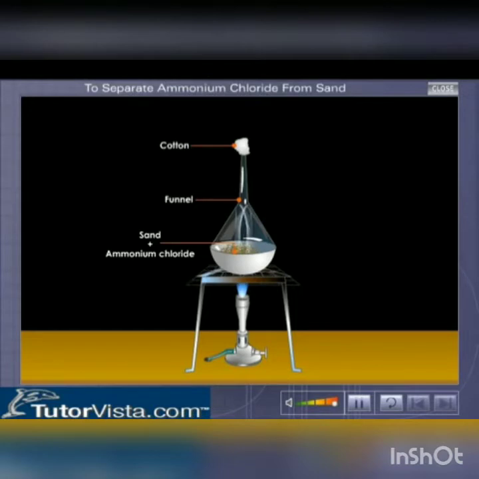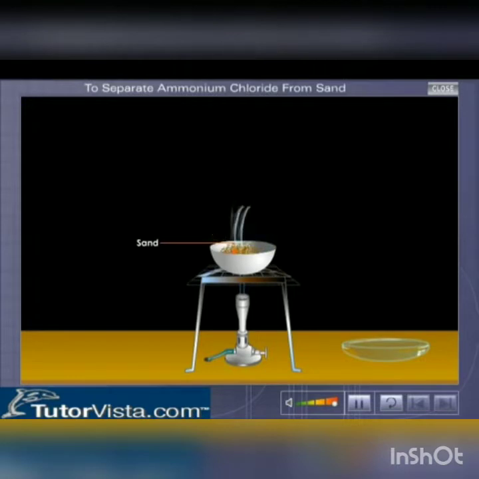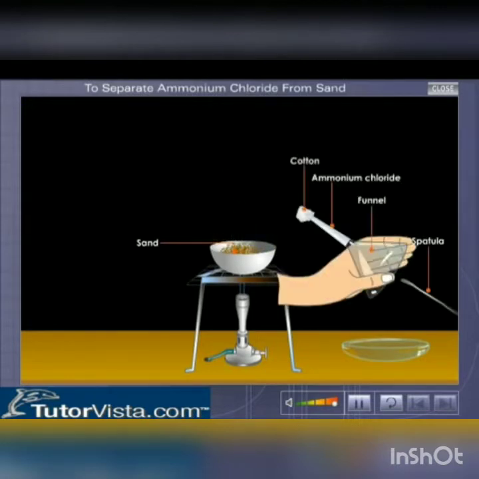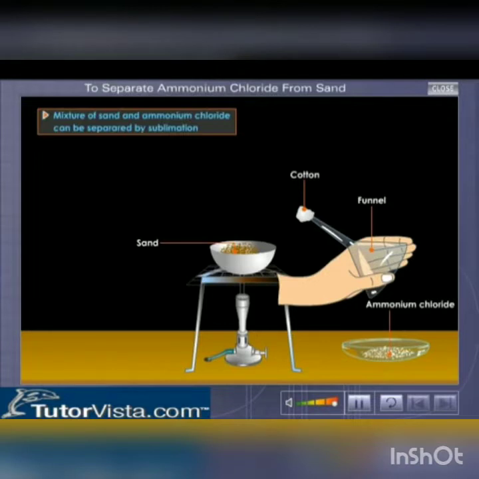Ammonium chloride, a sublimate substance, changes into vapor and gets condensed on the cooler sides of the funnel. The non-sublimate substance, sand, will remain behind in the china dish. Scrape the ammonium chloride from the inner walls of the funnel. Thus, a mixture of sand and ammonium chloride can be separated by sublimation.